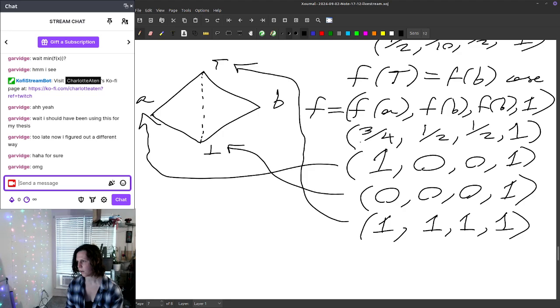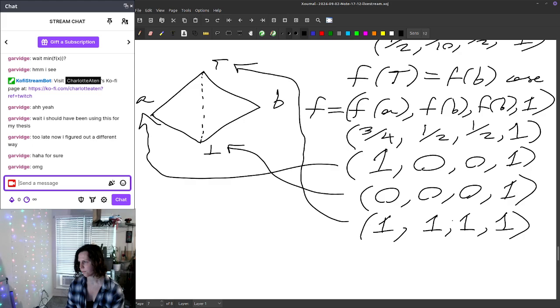So we could think about this as 3/4 to A, and then we're giving 1/2 to B and the top element. And so we could actually identify that with some combination of these points here, right?